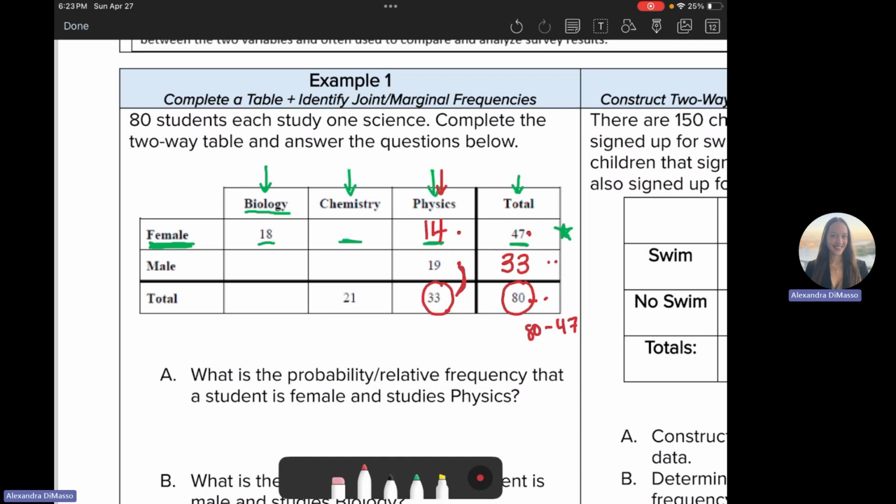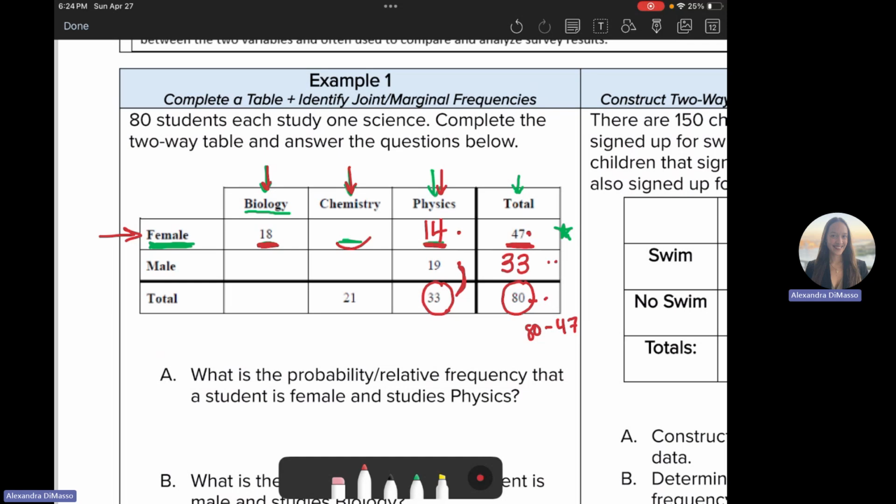Now, I can't go straight to biology. I can't go straight to chemistry, right? Because I've got too many blanks. However, I can go across this way. If I look at the rows now, for females, I know I have 18 females in biology, 14 in physics, and I know in total I have 47.